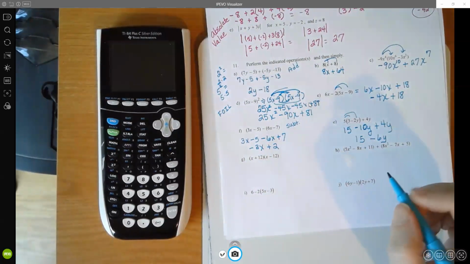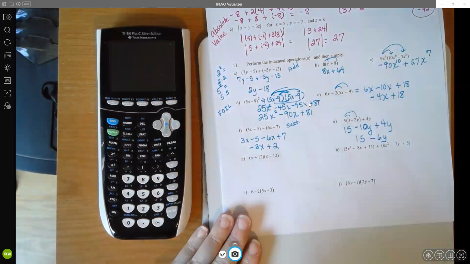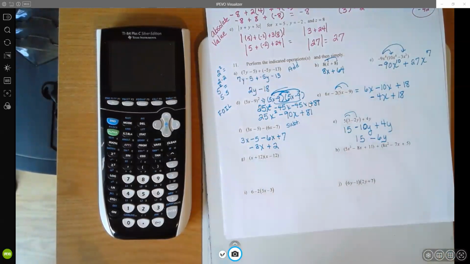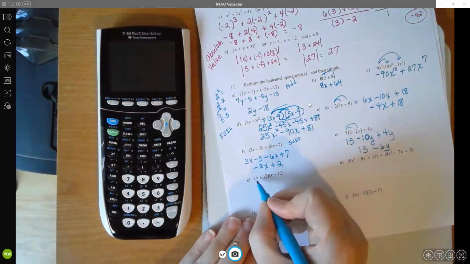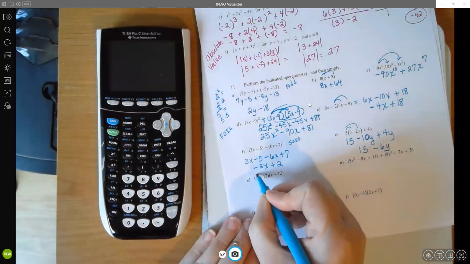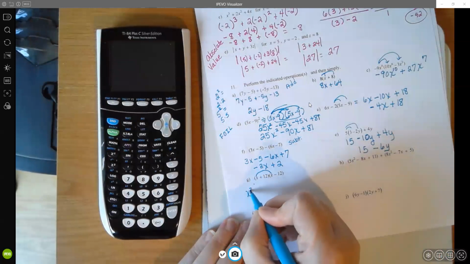Okay, letter G would be x plus 12 times x minus 12. And I know it's times because the two parentheses are right next to each other. And so that would give me, again, multiplying x times x, which would be x squared.